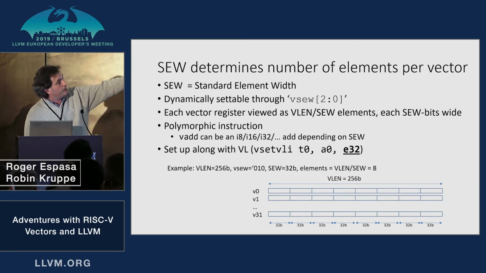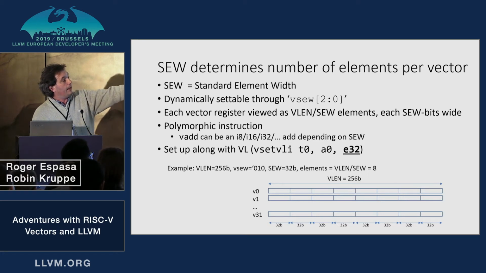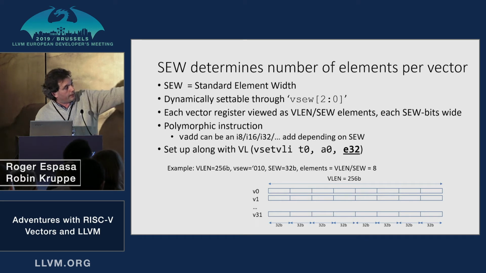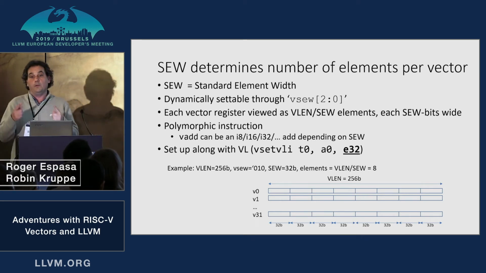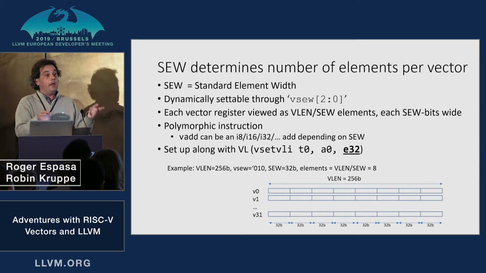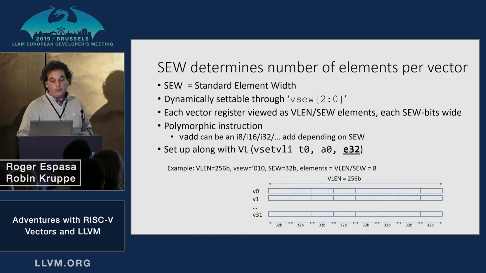And basically what's interesting is that you can set SEW as you also set your active VL. Robin will walk through examples, but there's an instruction, set VL, and that thing underlined over there, E32, is saying, by the way, I want to set my VL now, and right now, I'm operating with element 32-bit objects. So everything in my vectors has to be considered as element 32, right?